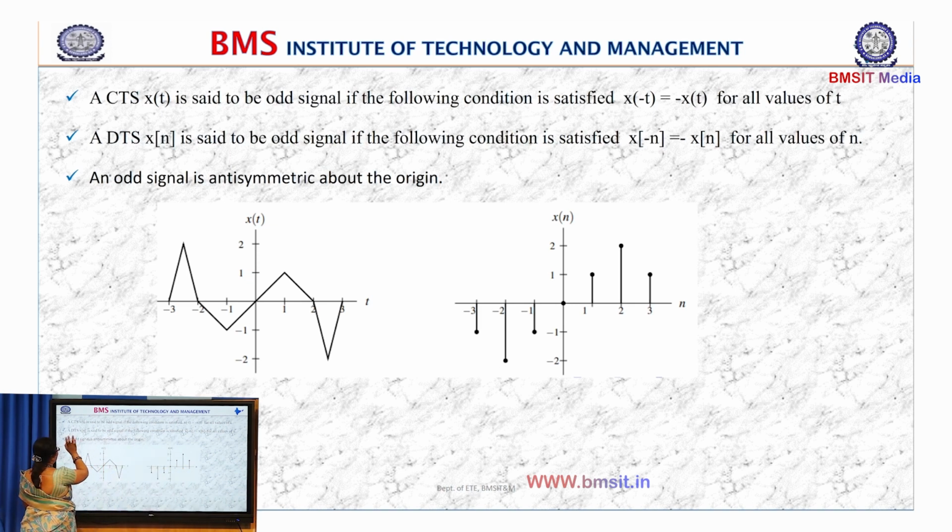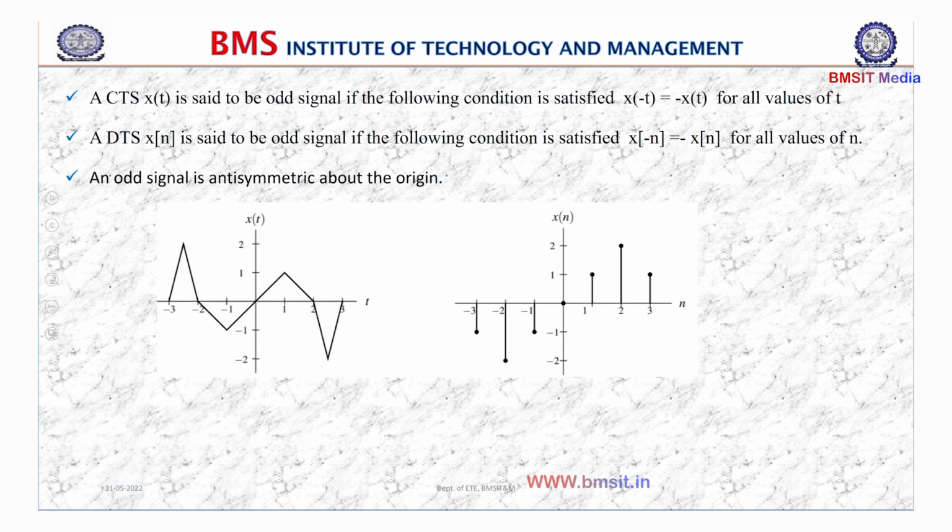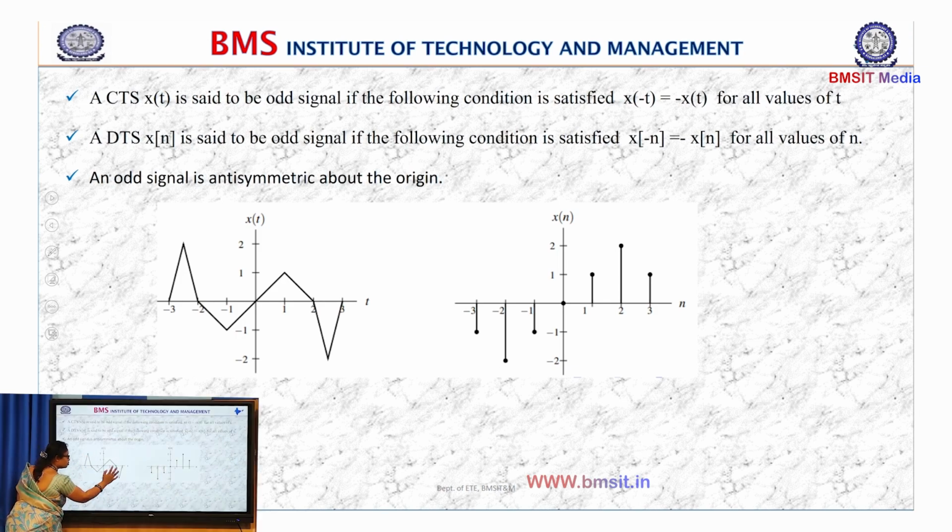Similarly, a discrete time sequence is said to be odd if the following condition is satisfied: x of minus n should be minus x of n for all values of n. We can see here, at 1 I have a signal of amplitude 1, whereas at minus 1 a signal of amplitude minus 1. And between 2 and 3 I have a waveform like this, whereas between minus 3 and minus 2 a waveform just opposite to this.